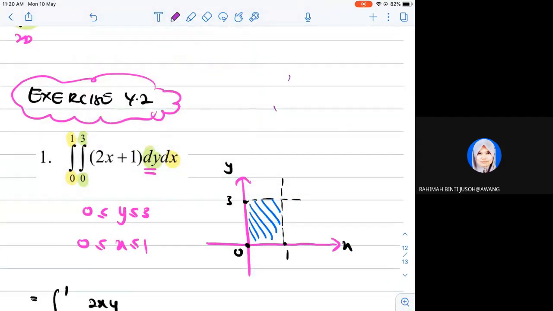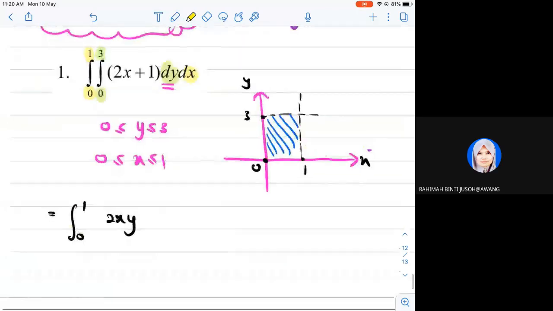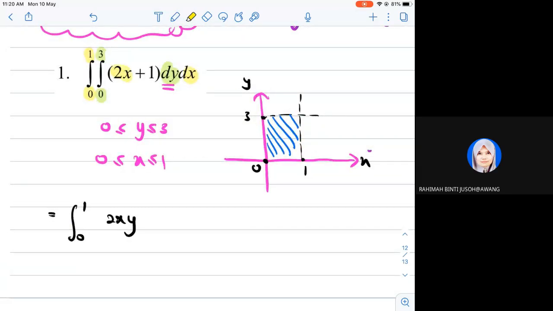You integrate let's say nombor 10 terhadap y. So you akan dapat sama dengan 10 darab y, isn't it? Sebab 10 tu constant. So sekarang ni, 2x ni just a constant. So bila integrate terhadap y, 2x tu anggap macam nombor 10. So integrate nombor 10 terhadap y dapat 10y. Dapatlah 2xy. Faham?